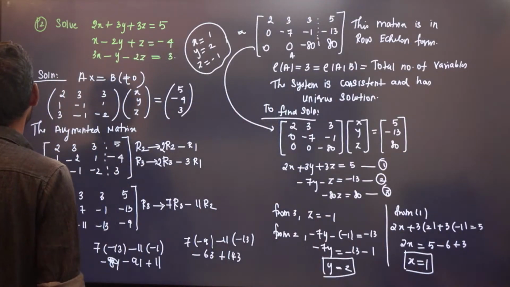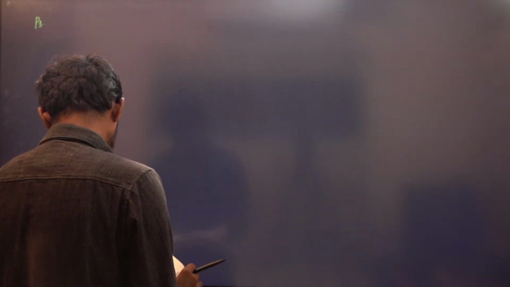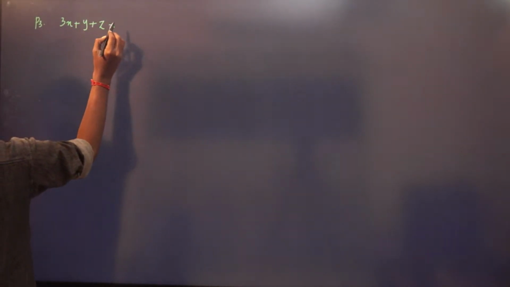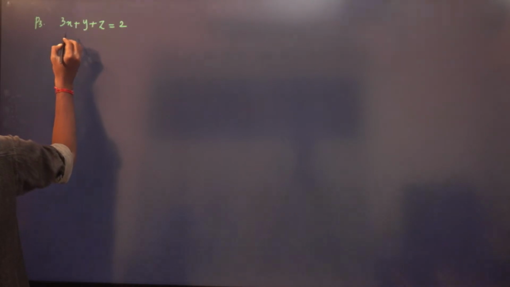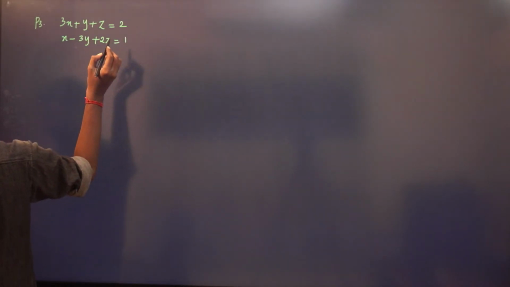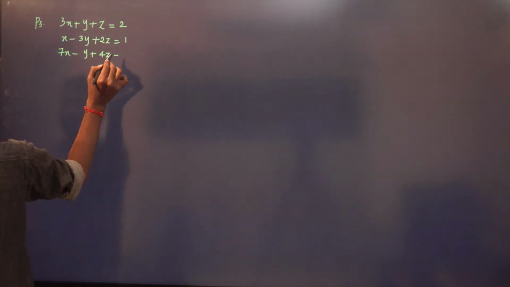Now we'll move on to problem number 3. 3x plus y plus z is 2. x minus 3y plus 2z is 1. 7x minus y plus 4z is 5.